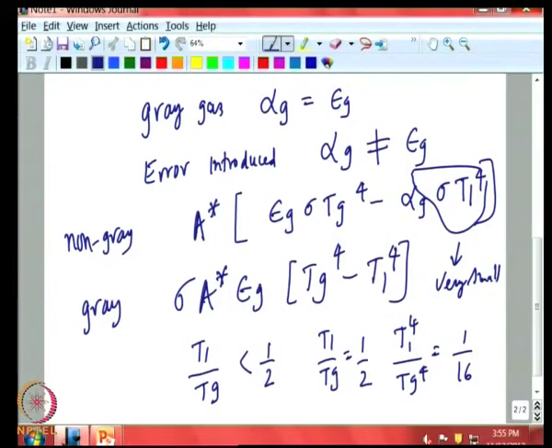So, what is clear is that as long as the sink temperature is less than half of the gas temperature, we are not going to make a large error in assuming a gray gas. So, although gray gas is a poor assumption, in this example where the sink temperature is small compared to gas temperature, it did not really make a difference. Of course, there are other applications, as we saw in the previous figure.